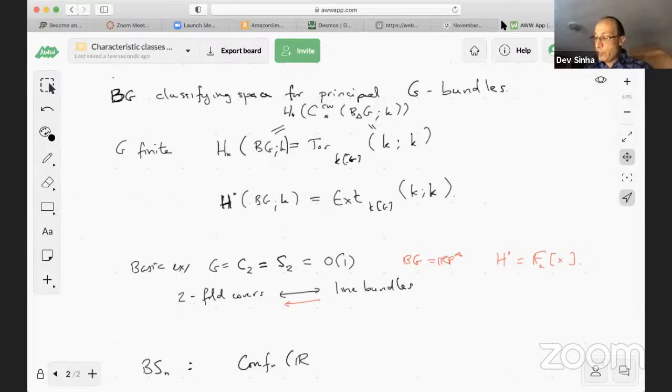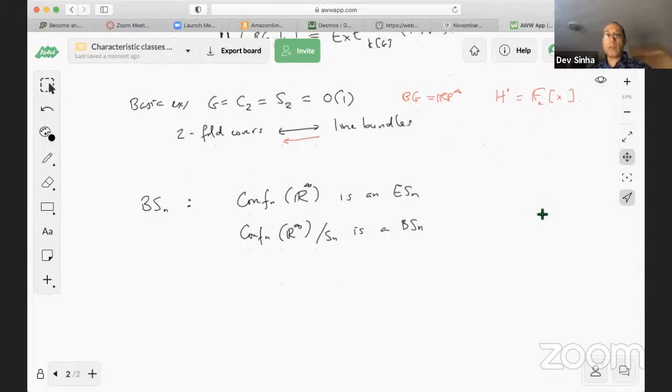As d gets large, that's contractible. So if I let d go to infinity, then this is an ESn. And so the quotient, which is basically unordered configurations, is a model for the classifying space, and we'll come back to that.